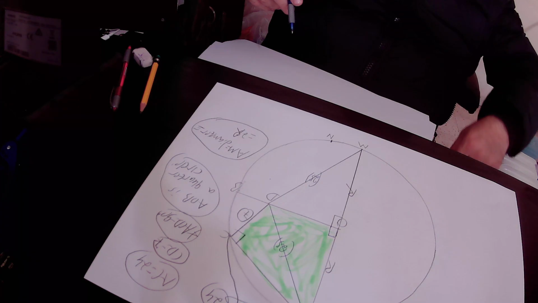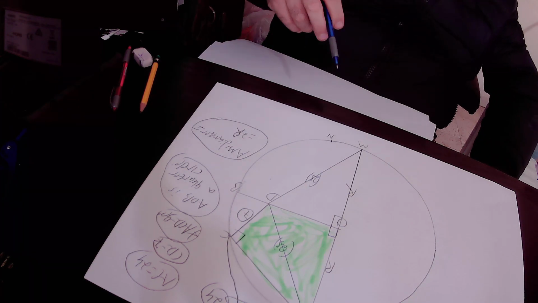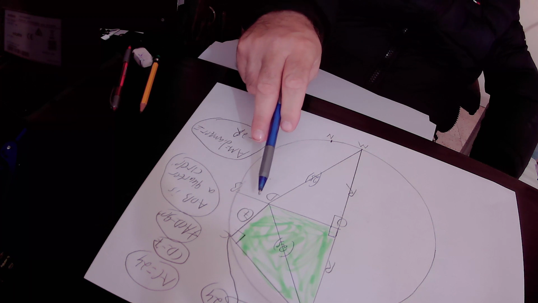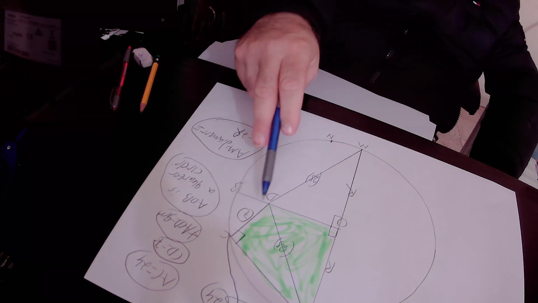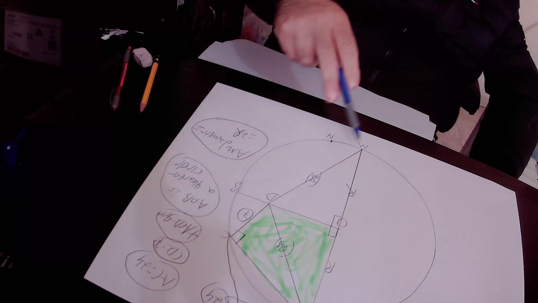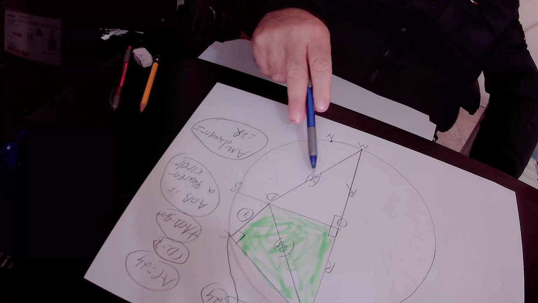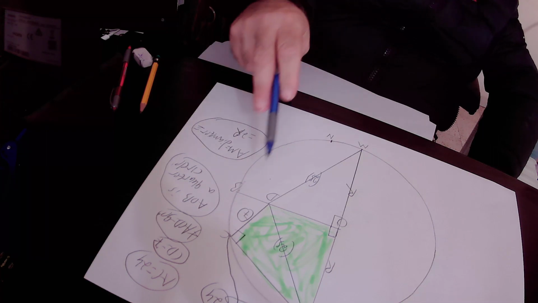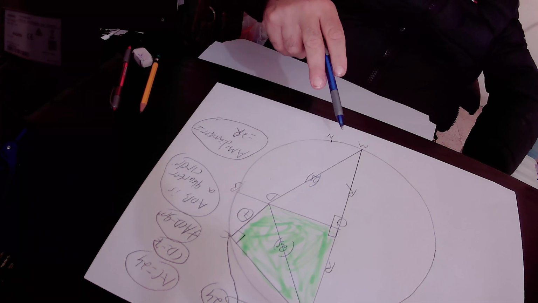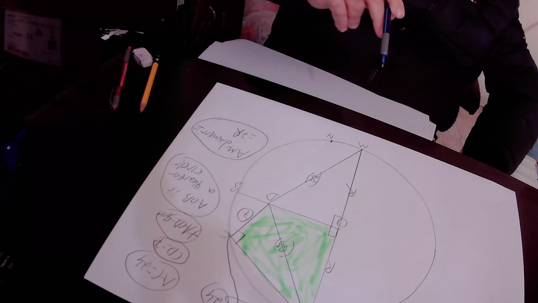As I already mentioned before, ignore the drawing itself. CDM is one straight line, and therefore CM in total must be equal to CD plus DM. CD is 7, DM is 25, so in total CM will be equal to 7 plus 25, that is 32.